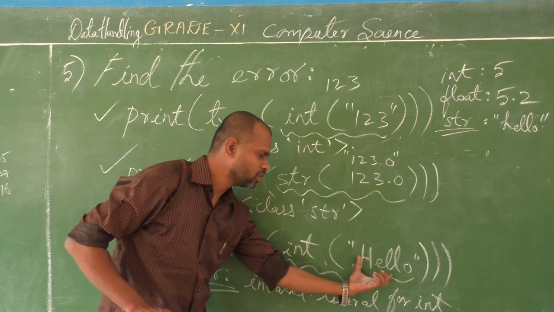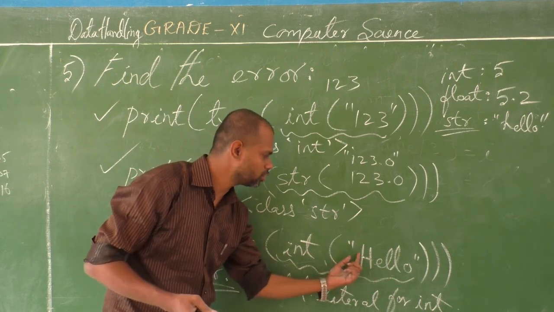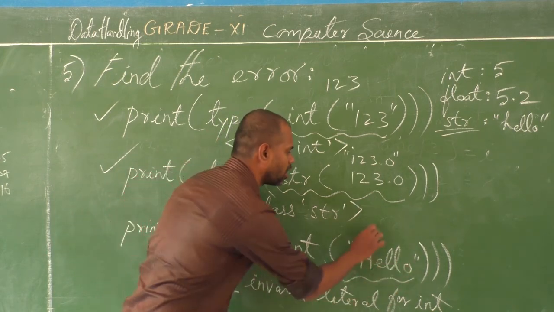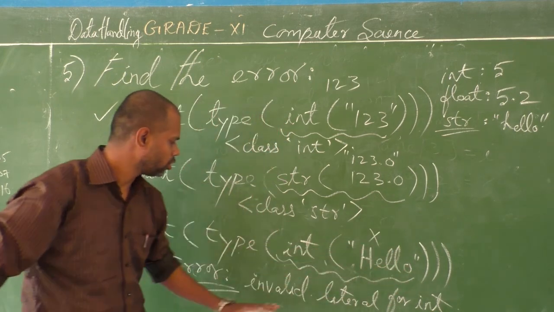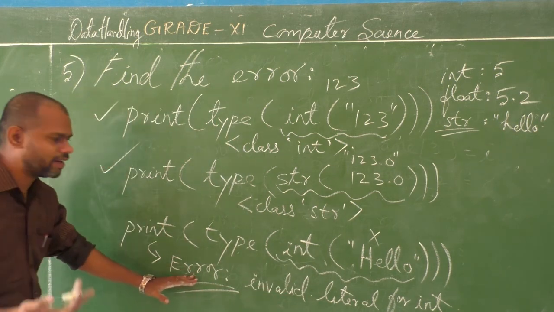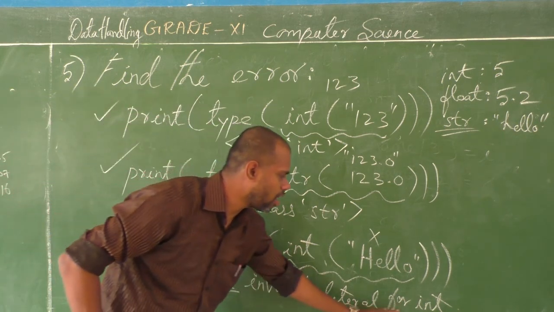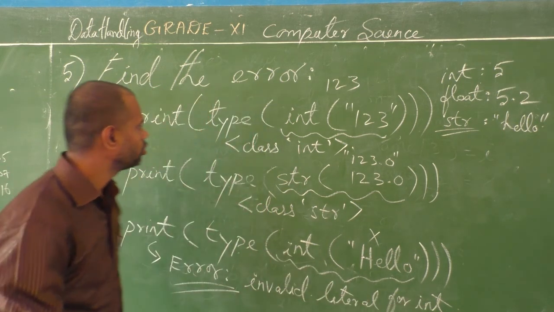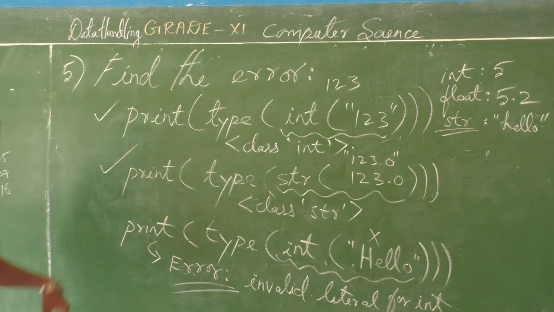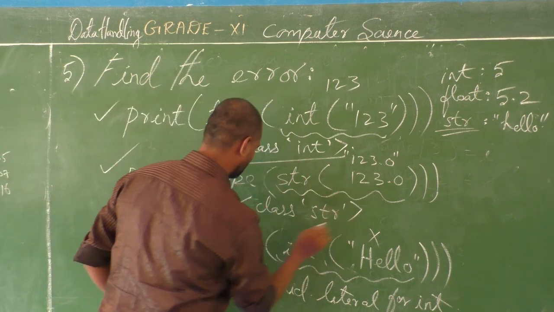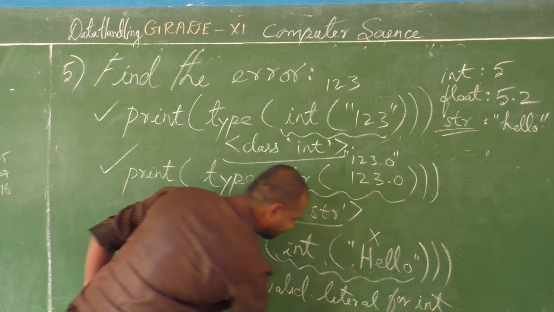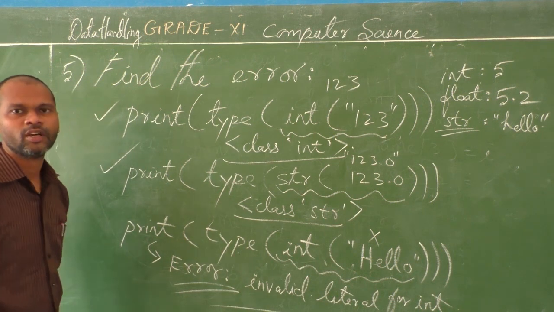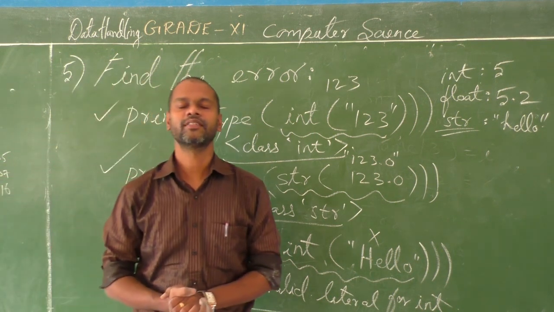In this place, you can give some other value, but you should not use a string. So this is wrong, like that it is saying. So it is an error. What kind of error? Invalid literal for int. Got it? So for this question, this is the answer. This line and this line and this line is the answer. Okay, please make a note. So thanks for watching and thank you very much.